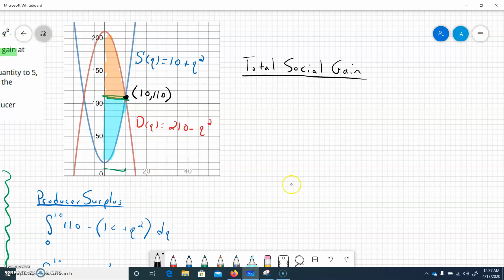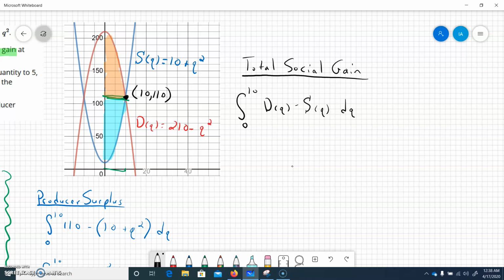I gave you the formula to where you could say, in one instance, you could say the limits of integration are 0 to 10, and you could say demand minus the supply, dq. So basically you could take the red curve minus the blue curve and plug everything in after integrating and get it that way.